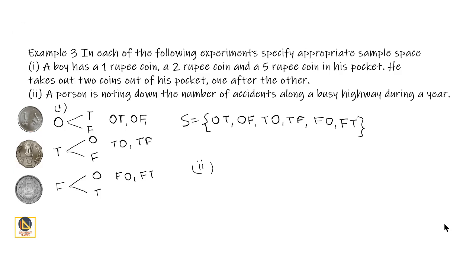So the sample space can be written as 0 accidents, 1 accident, 2 accidents, 3 accidents, and it may be an unknown or many such accidents. So we write like this, and this gives us the sample space for part 2 of the question.